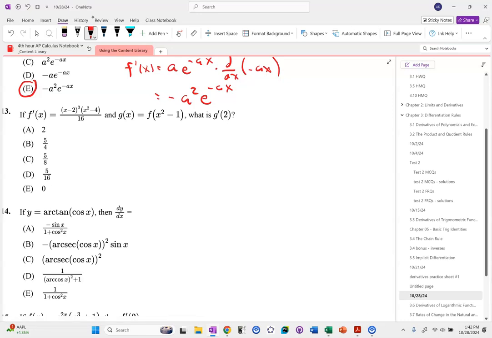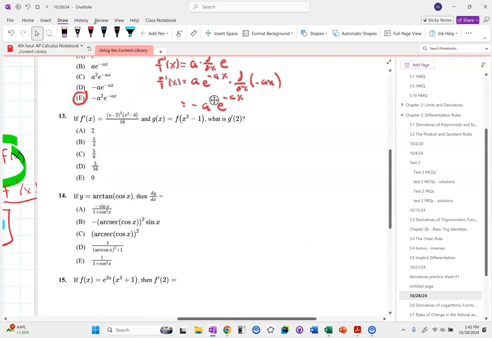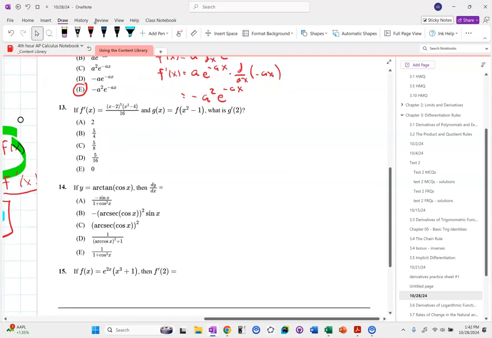Okay. It says if f prime is equal to yada, yada, yada, and g of x is equal to this, what is g prime of 2? Well, let's start with calculating g prime. So this is clearly a composition, right?